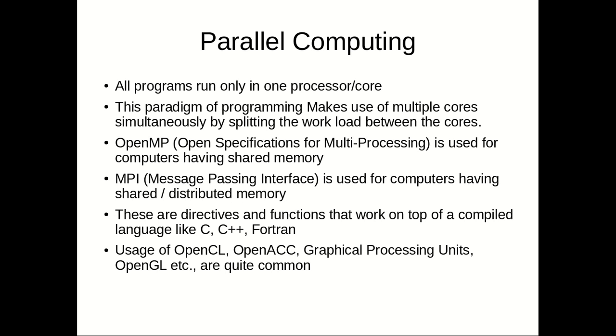Some people are also using graphical processing units, literally a graphics card, for parallel computing, which is a rapidly emerging field. And some people use something called OpenGL, which is mostly for graphics-related jobs, but this also comes under parallel computing, in a different domain.